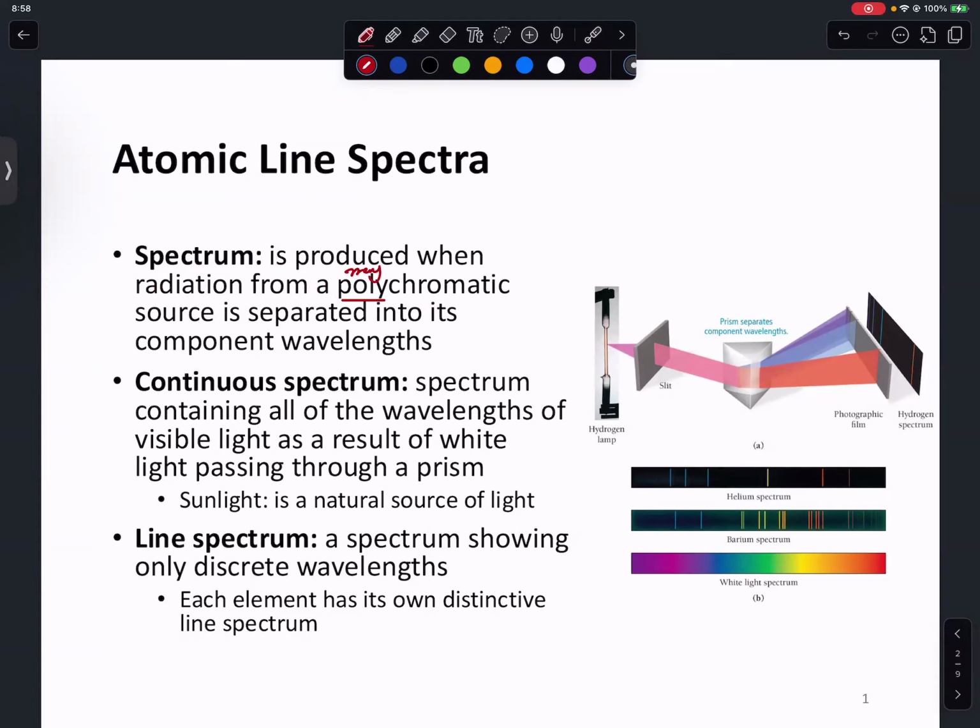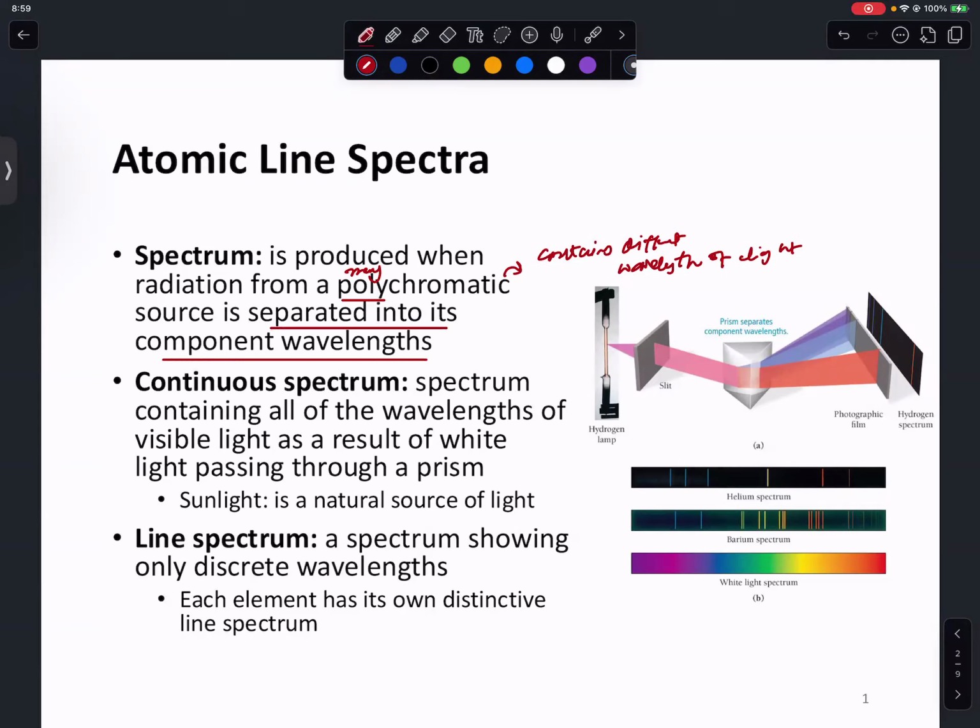And the word polychromatic really means it contains different wavelengths of light. And it's produced when this source of light that contains different wavelengths is separated into its individual components of wavelength.